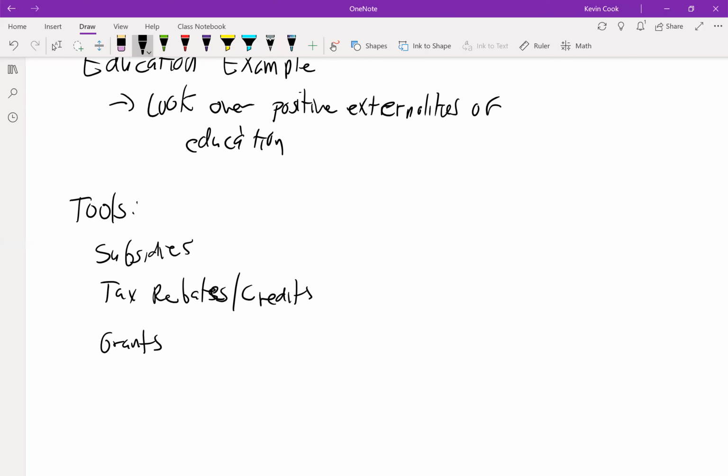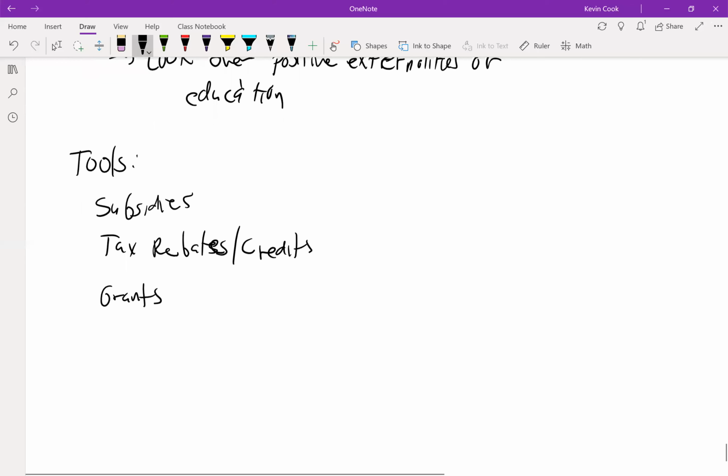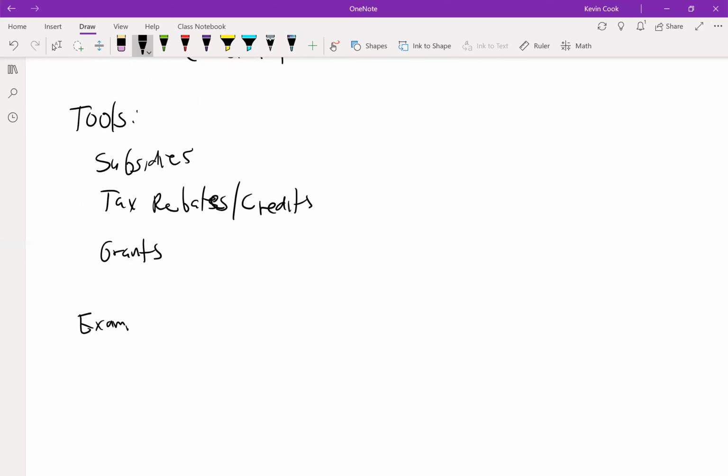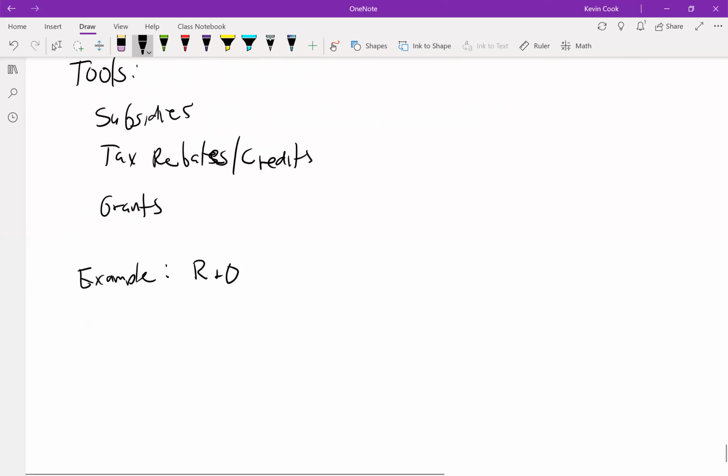So as we were going through, we talked about positive externalities. Our big example with negative externalities was pollution. With positive externalities, it's research and development. To help with this, we reintroduced our intellectual property rights.